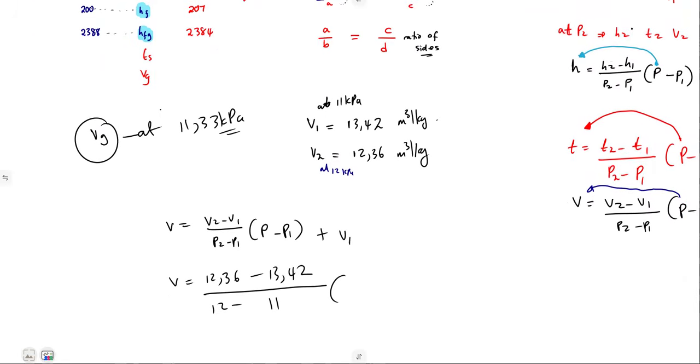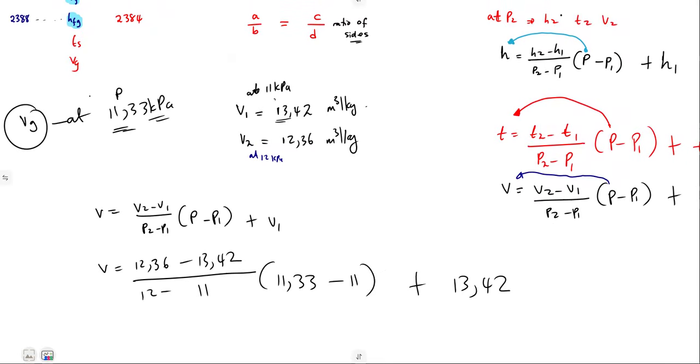P is the one that you're given at that pressure, the given pressure, 11,33, minus P1, which is 11. Then do not forget to add your V1, at 11 kilopascal, which was 13,42. So this will give you the volume corresponding to that.